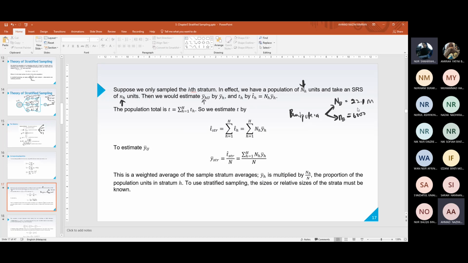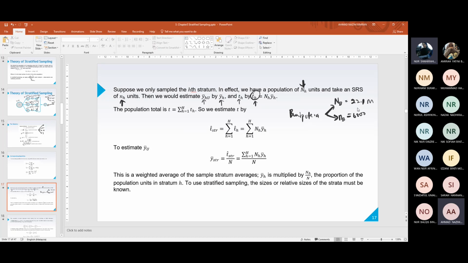We can estimate the mean of Bumiputra by using the Y bar H, the estimated mean of Bumiputra. And we can also estimate the population total of Bumiputra.